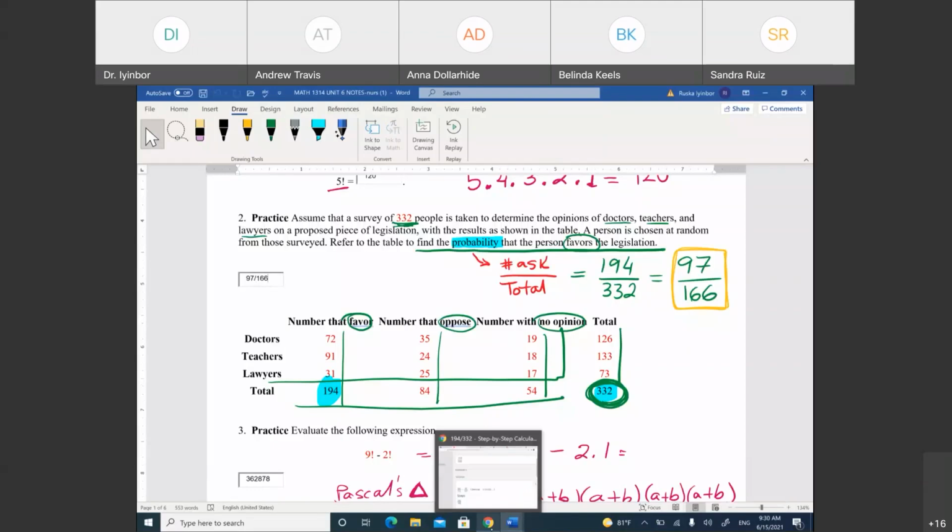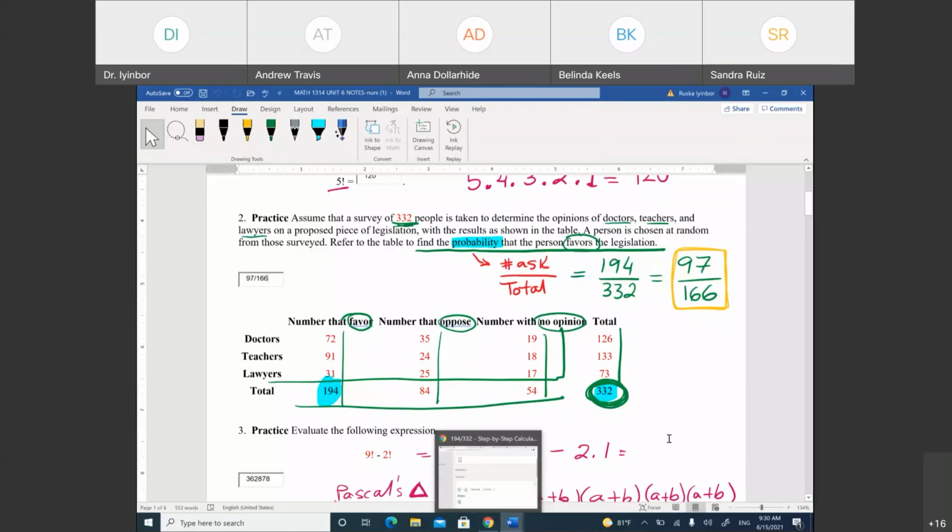It's going to accept it, I think, but technically, to get the final answer, you have to simplify. WebAssign is going to accept it like 194 over 332. It's going to be okay with that. Okay, thank you. You're welcome.